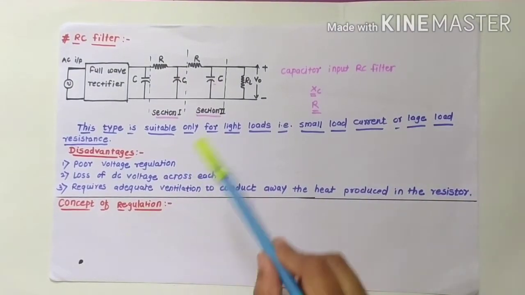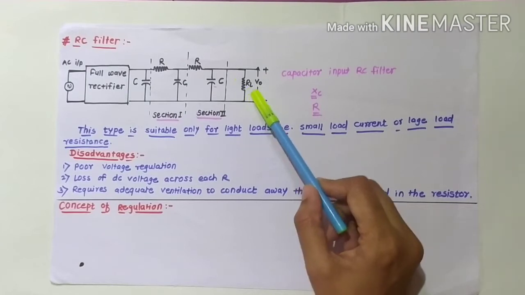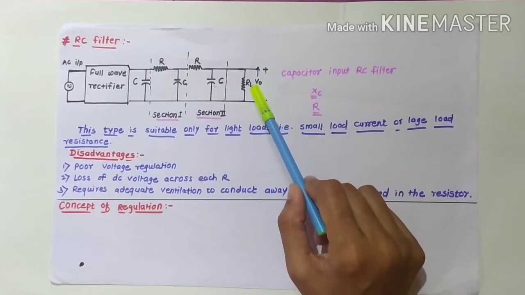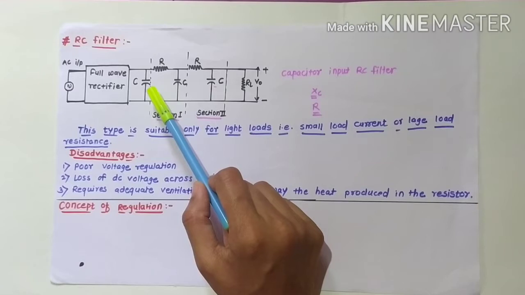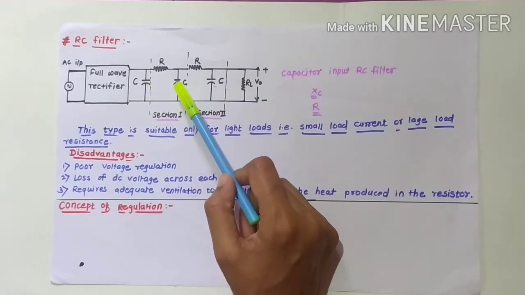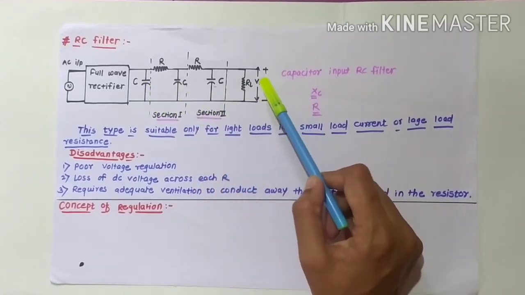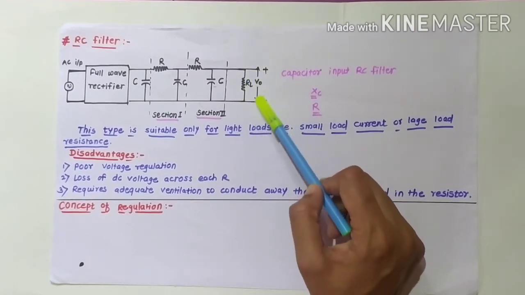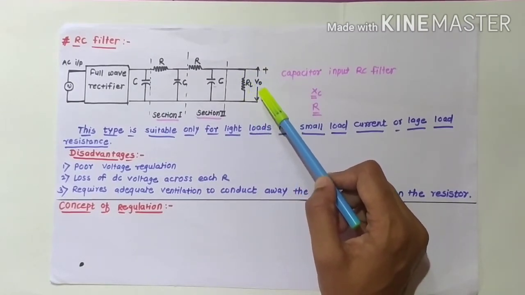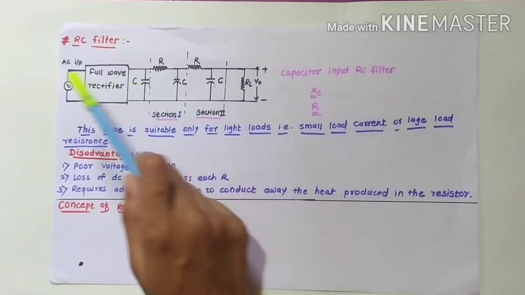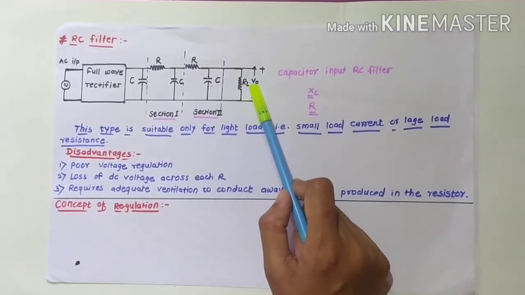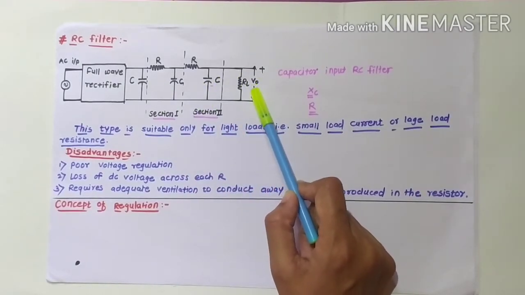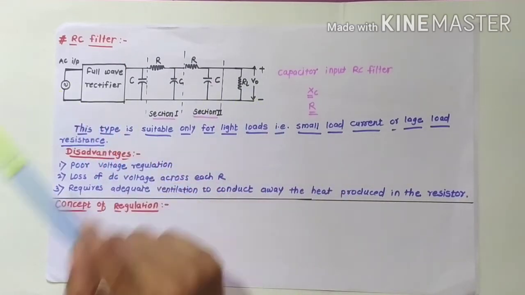But the voltage across this load resistance may change because the supply does not have good voltage regulation. The output voltage reduces as the load current increases. The DC output voltage changes with the change in the AC input. I repeat again, the DC output voltage changes with the change in the AC input voltage.